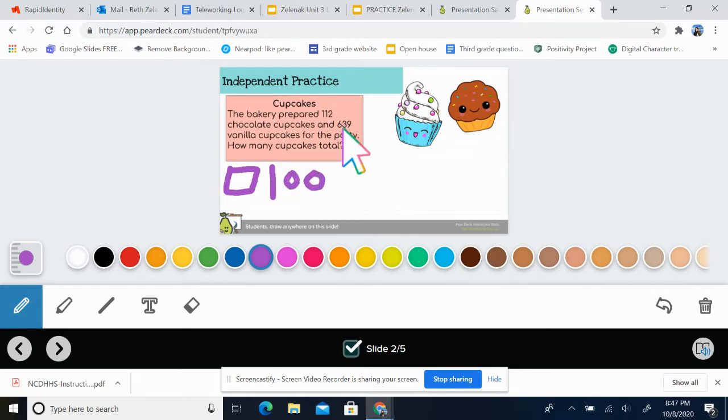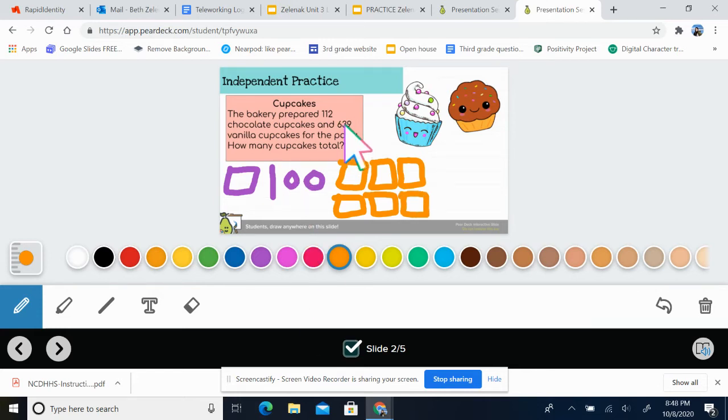For the number 639, I have 600, so I will need to draw 600. 1, 2, 3, 4, 5, 6.